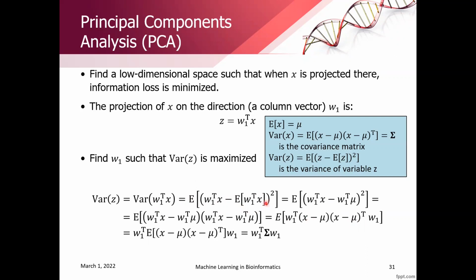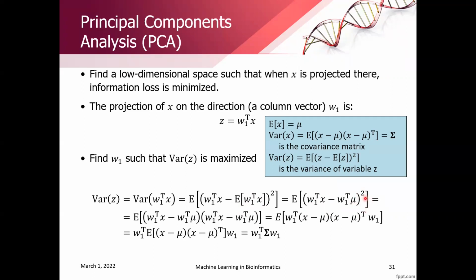What is the expected value of w1 transposed times x? So w1 transposed is a vector, one vector. So we can pull the vector out of the expected value, and the expected value of x is mu. So this is the first transformation, and we have here the difference, squared.